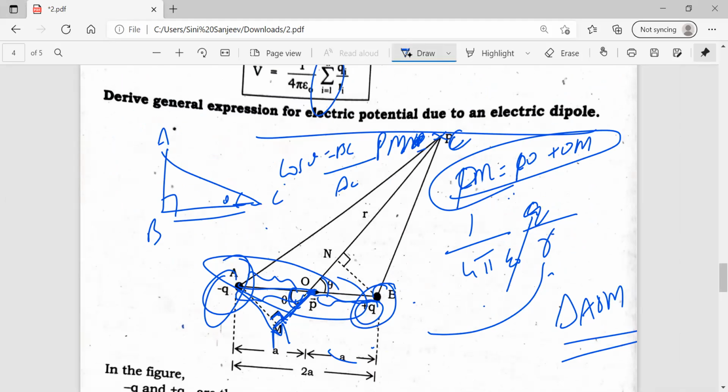OP is nothing but R, and OM is nothing but OA cos theta. So I'm adding R, up to this position, plus this position. OA is nothing but the distance A, clearly given here. So R plus A cos theta is my first answer.